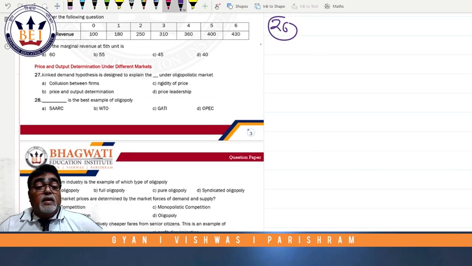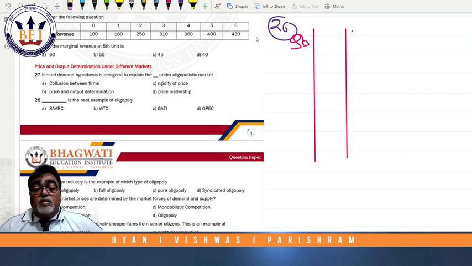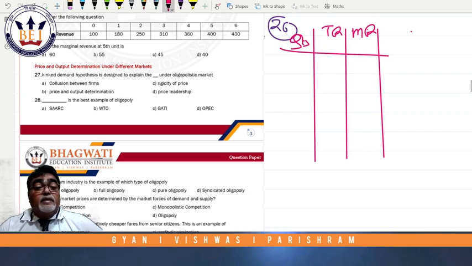Now, table. First it is quantity. Next it is total revenue. Next, they ask you marginal revenue. So you should make that ready. So let me put these values.